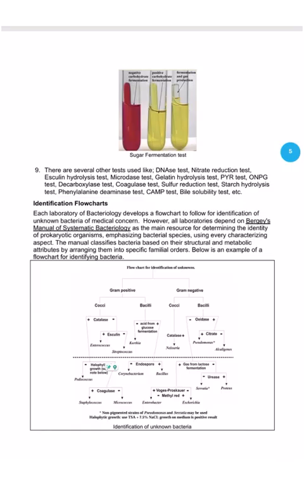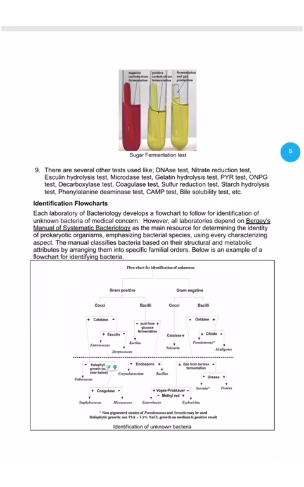So it depends on the lab how they follow, and their protocol defines their work within the microbiology lab. Usually, these flowcharts are found in research labs or in medical diagnosis labs for identifying the bacteria.